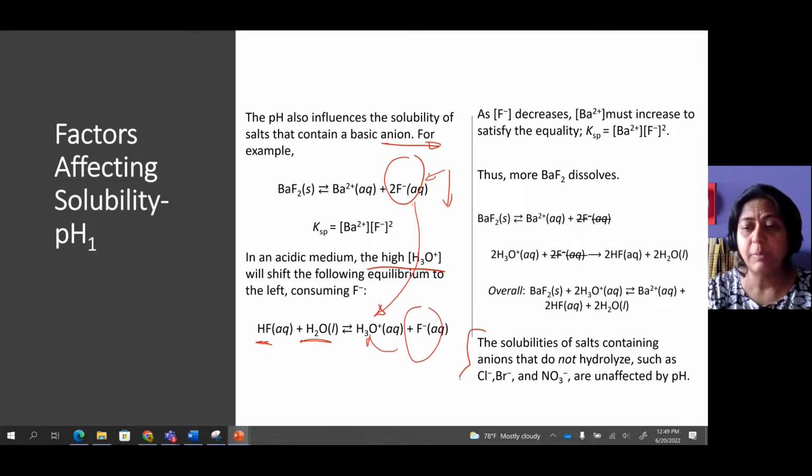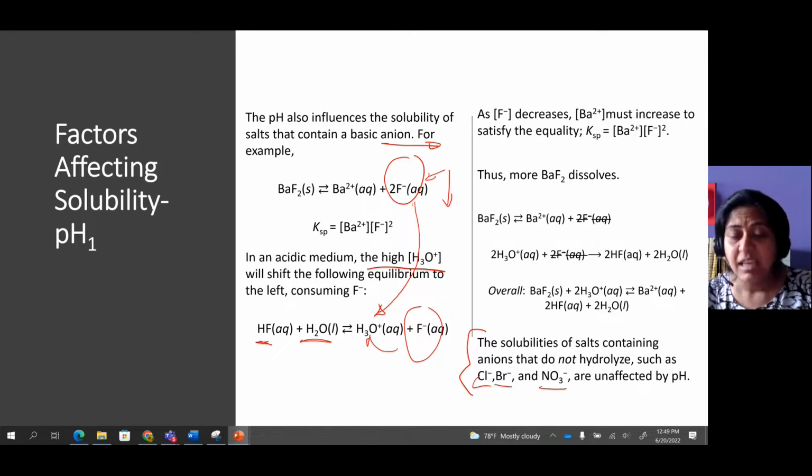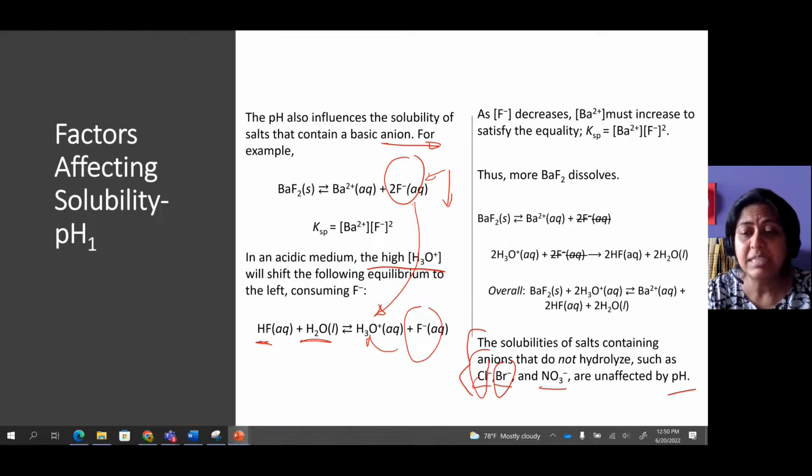The solubility of salts containing chloride, bromide, or nitrate is not affected by pH, because these ions are anions from strong acids.